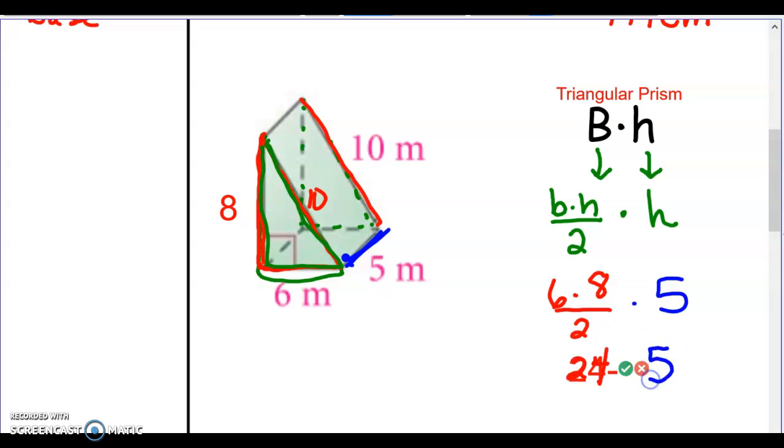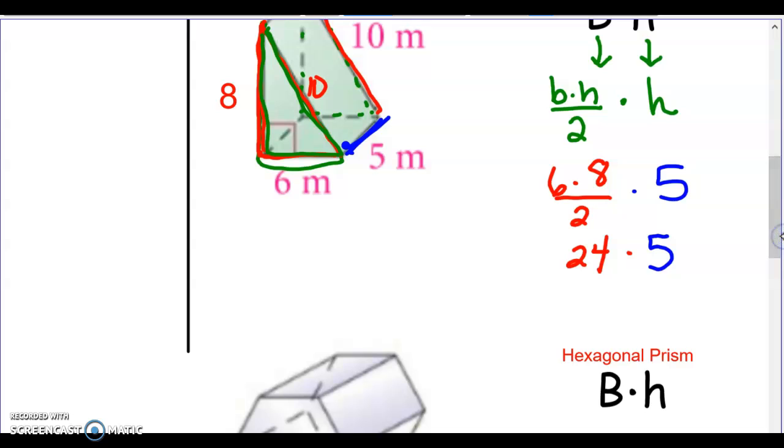So there's 24 cubes. And then the 5 would mean I would have 5 layers of 24 cubes for a total of, what would that be? 120. So there'd be 120 cubic centimeters. Okay? All right, so that is a triangular prism.